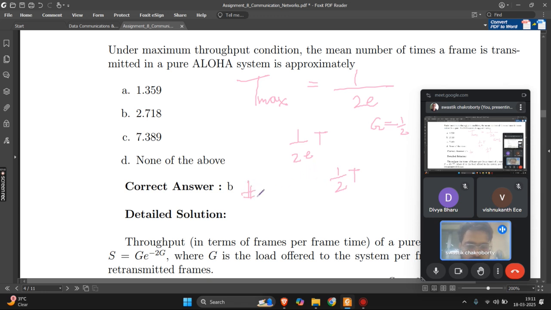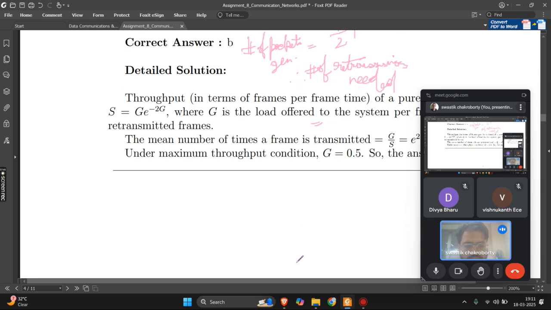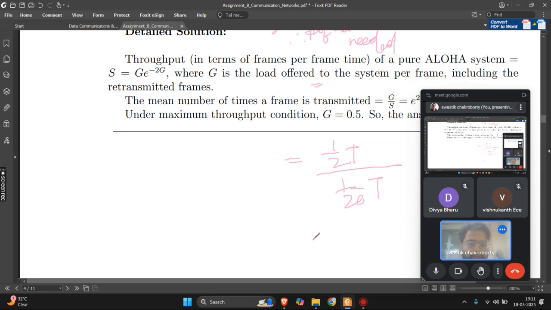So the number of packets generated is 1 by 2 t, and only 1 by 2e t will reach as throughput. The number of retransmissions needed will be this 1 by 2 t divided by 1 by 2e t. Here the half and half, and the t and t will cancel, so it will just be e.